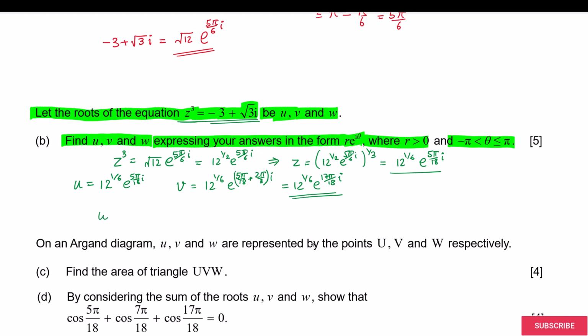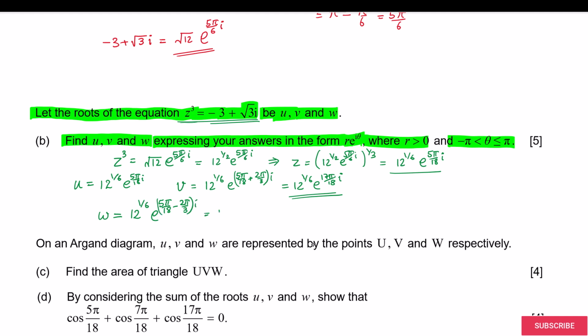And for W, we can either add or subtract, and we know the argument can never cross pi, so we'd better subtract it. So W would be 12 to the power 1 over 6 because it's the modulus, and then e to the power 5 pi over 18 minus 2 pi over 3 iota.